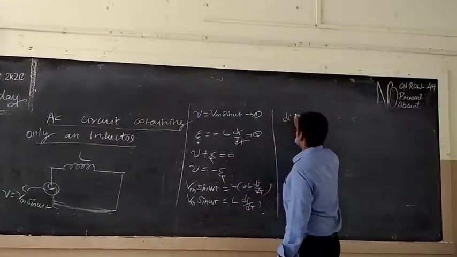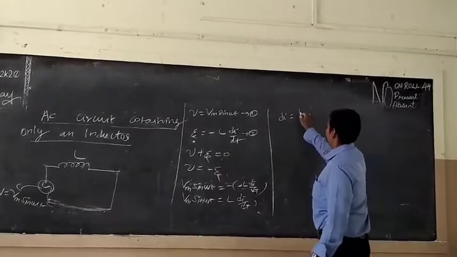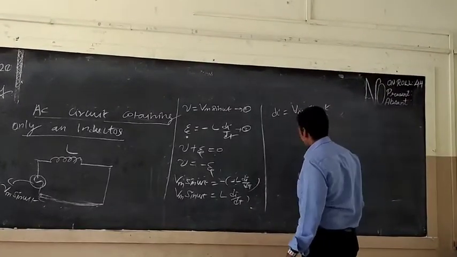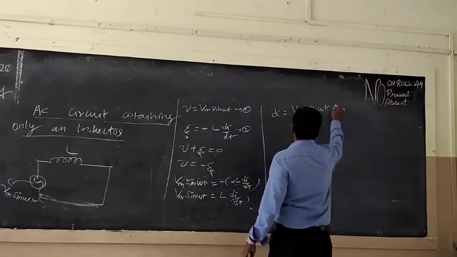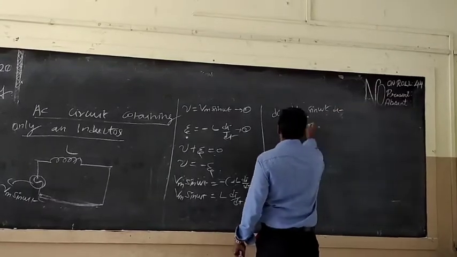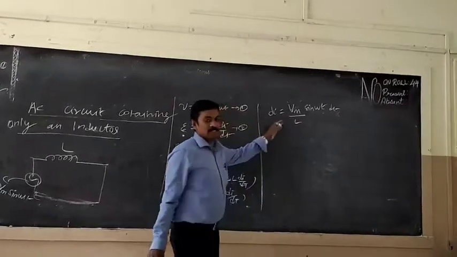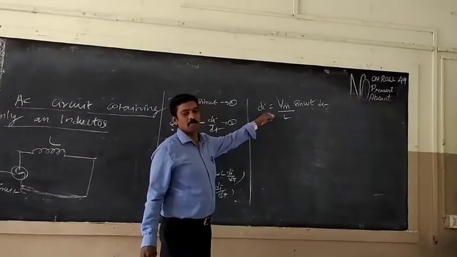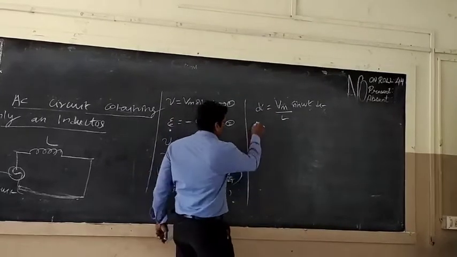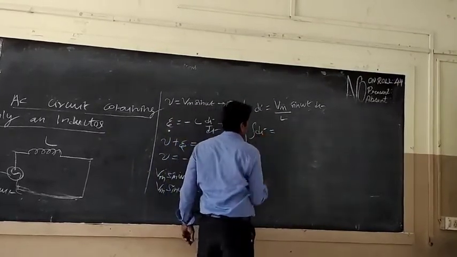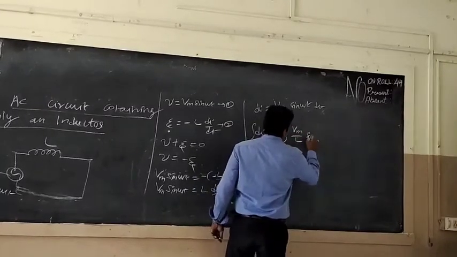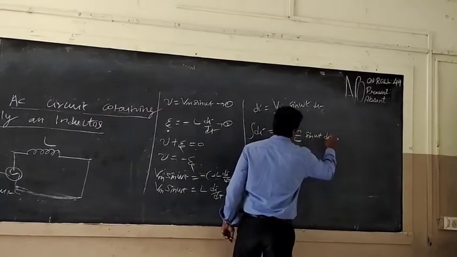So di is equal to Vm sin omega t into dt by L. Voltage is dependent on time, so we have to integrate it. So integration of di is equal to integration of Vm by L sin omega t into dt.